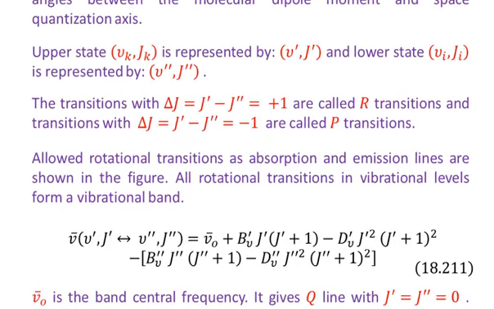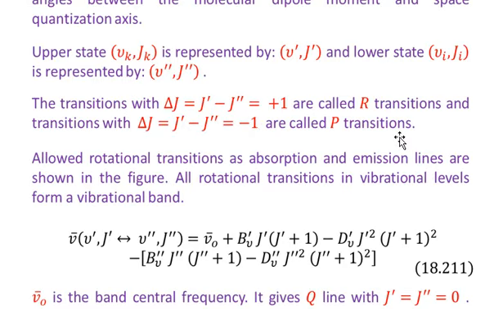So you see that I have specified the upper vibrational and rotational levels by V single prime, J single prime, and the lower levels by V double prime and J double prime. The transitions with delta J equal to J prime minus J double prime equal to +1 are called the R transitions. And the transitions with delta J equal to J prime minus J double prime equal to -1 are called the P transitions.